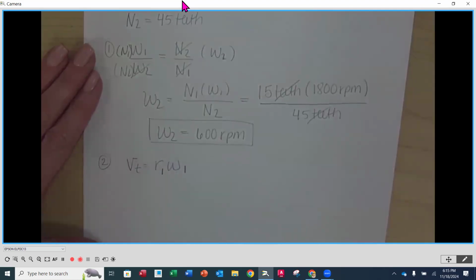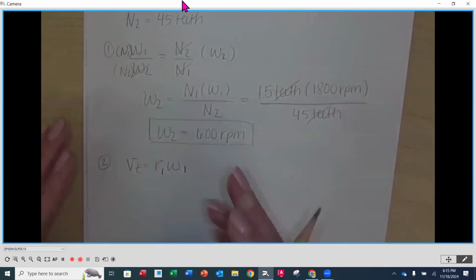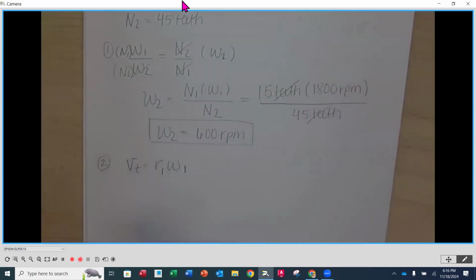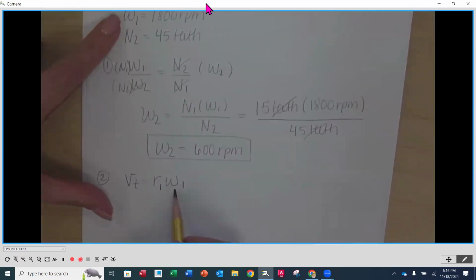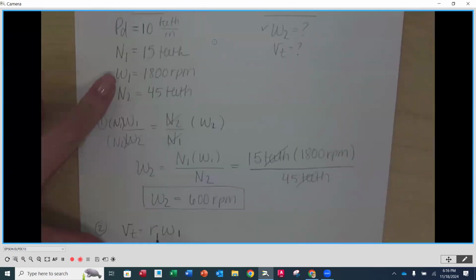As we said earlier. You'll see whether you use the pinion or the gear information. So if you would say R2 times W2, you're going to get the very same answer as you would using R1 and W1, okay? So we know what W1 is. It's 1800 RPMs, but we weren't given a radius. Can we calculate a radius?